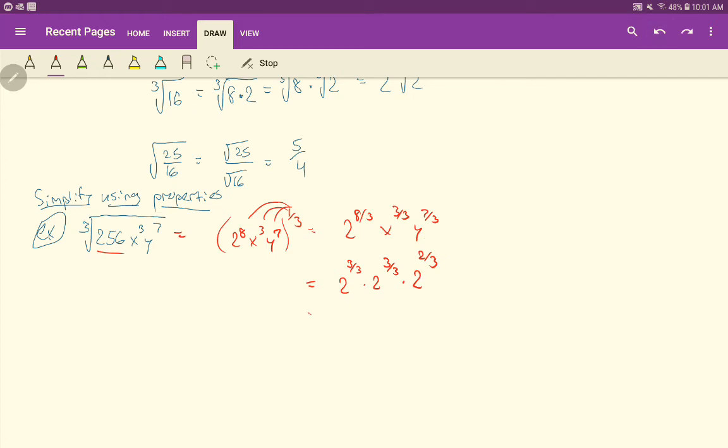Okay, and so that makes this 2 to the 1 times 2 to the 1 times 2 to the 2/3, which is really just 2 times 2 times 2 to the 2/3. This x simplifies nicely already. It's just x to the 1. And then this y to the 7/3, well, again, I can break that up just like I did with the 8/3 there.